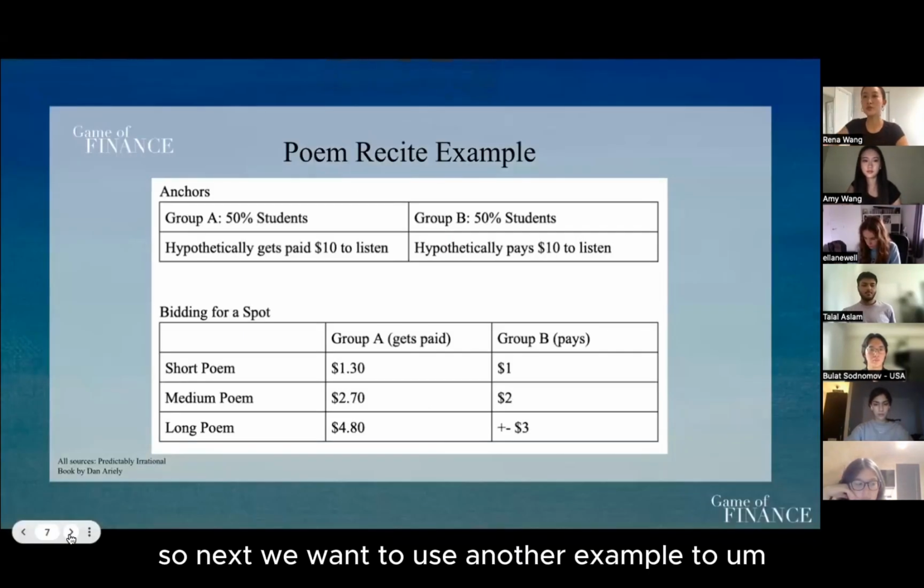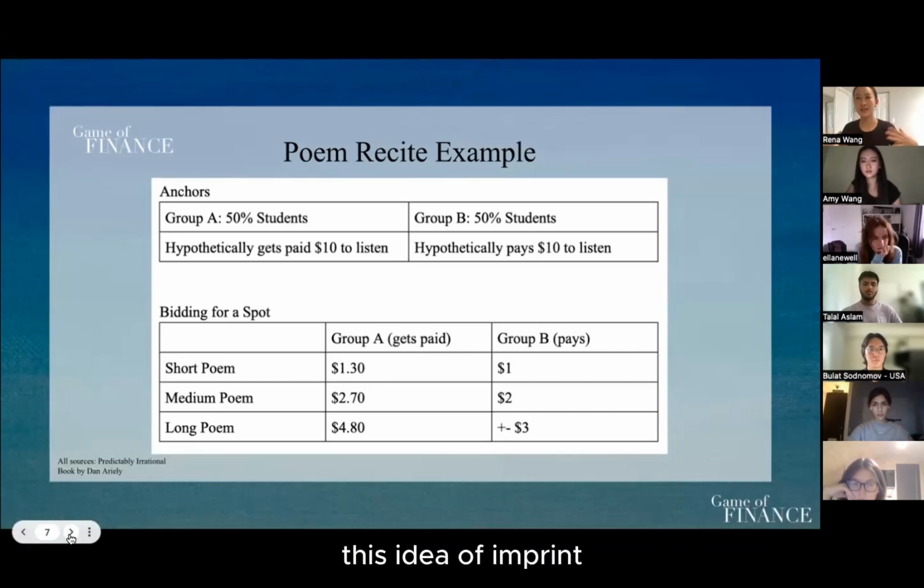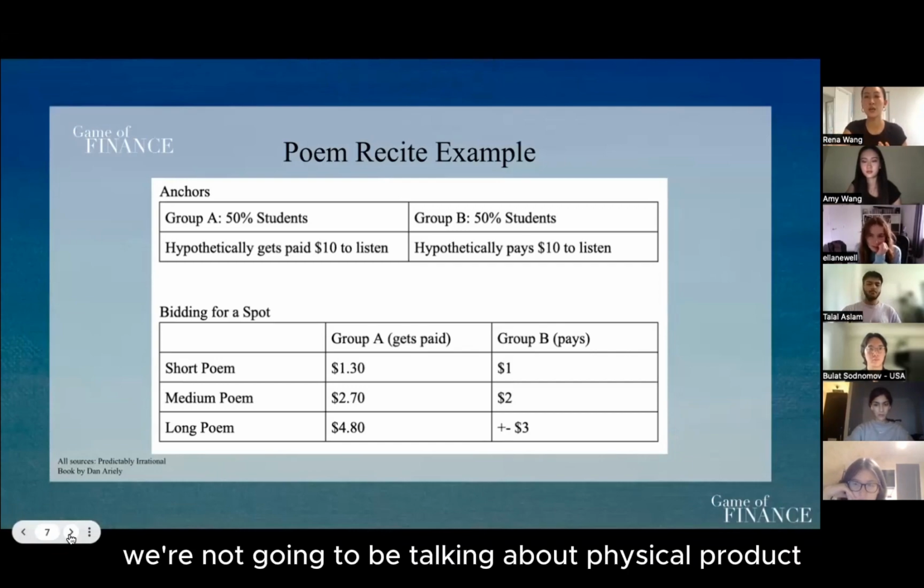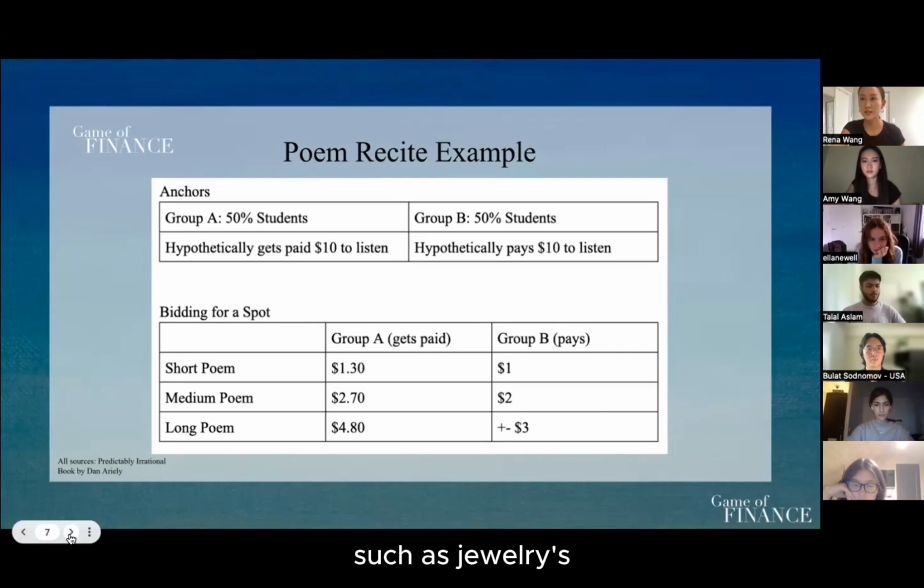So next, we want to use another example to emphasize this idea of imprint, okay? Now we're not going to be talking about a physical product such as jewelry. I'm going to introduce you to an experiment that was also conducted at MIT by Dan Ariely.